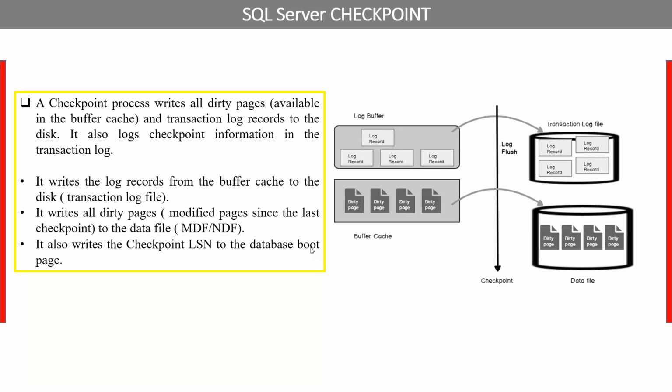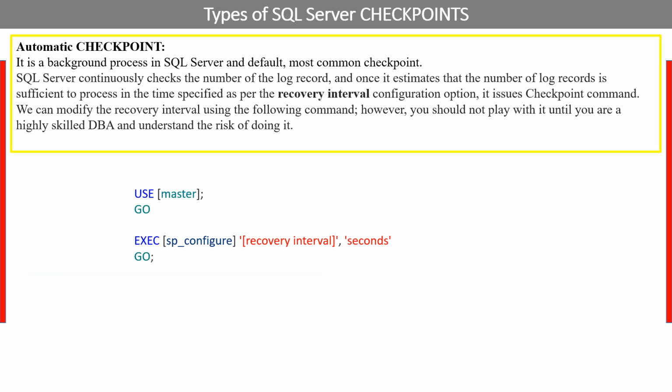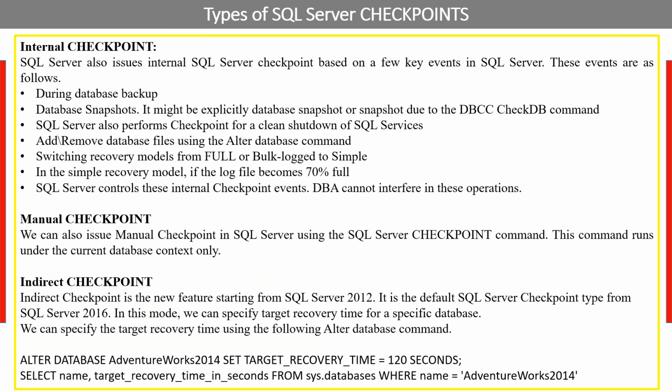Now, sir, in SQL Server, we have different types of checkpoints. Now you will get one better idea. What are the different types of checkpoints, sir? One is automatic checkpoint, one is internal checkpoint, one is manual checkpoint, one is indirect checkpoint.